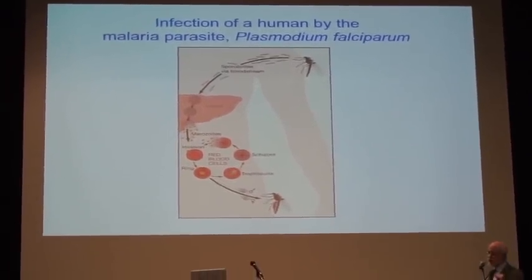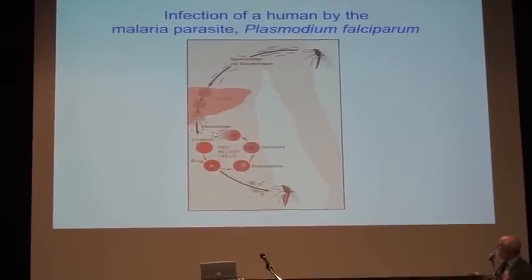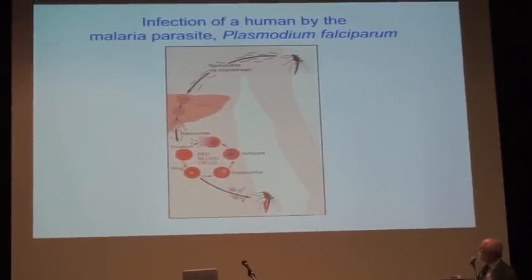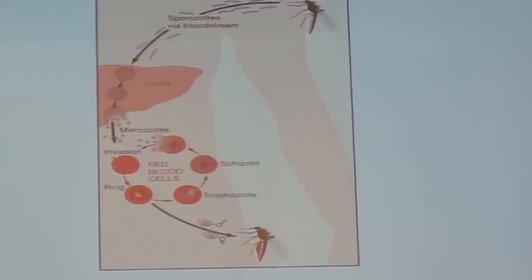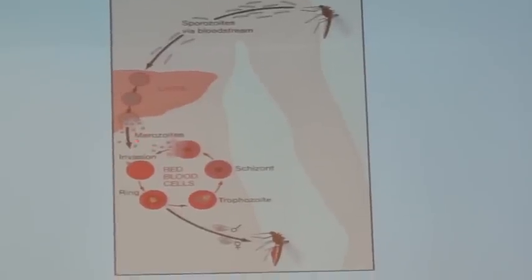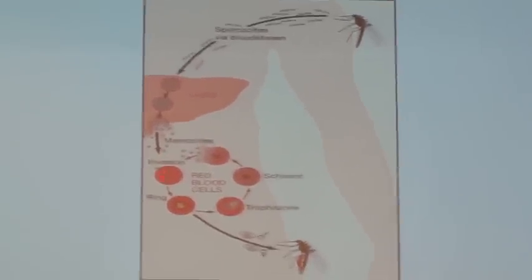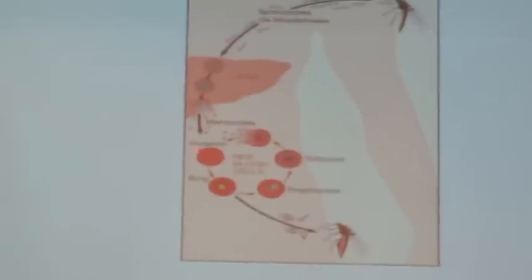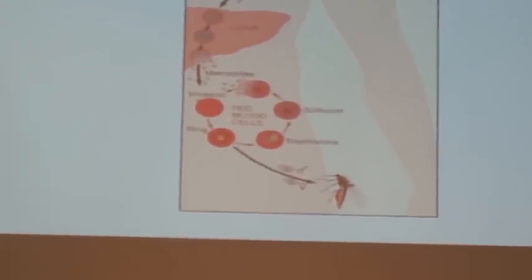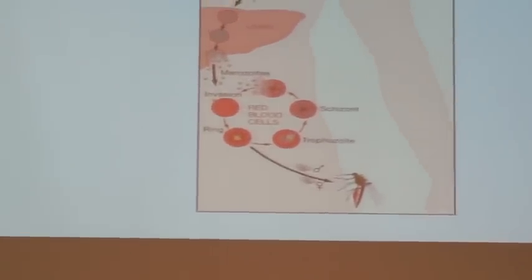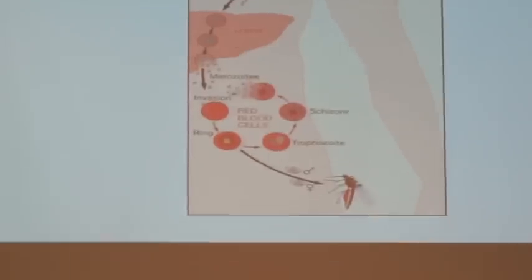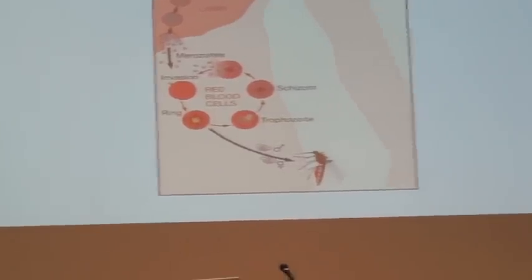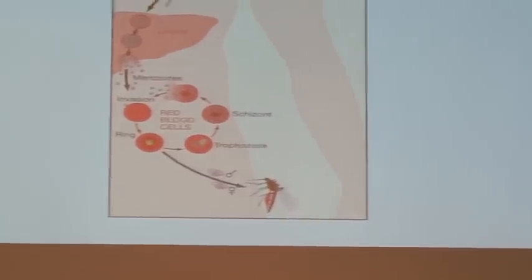Now, you probably know about malaria, but let me just say that malaria is caused by a single-celled organism, which is transmitted by mosquito. When a mosquito bites a person, the malaria goes in, hangs out in the liver for a while, and then bursts out and attaches to a red blood cell. A single malarial cell invades a red blood cell and eats the hemoglobin inside. It uses that material and the energy from it to make 20 copies of itself.